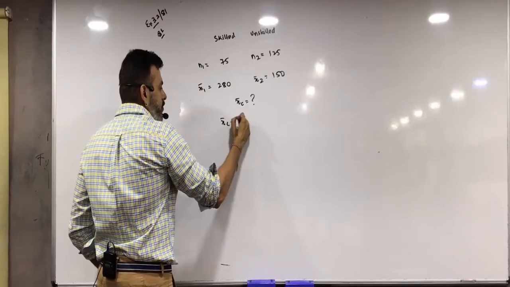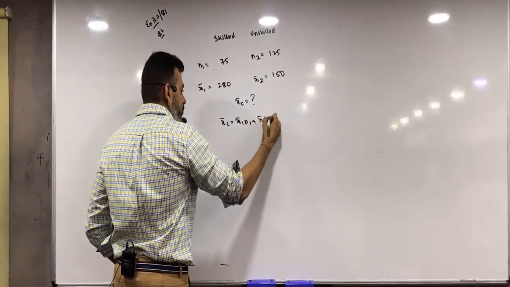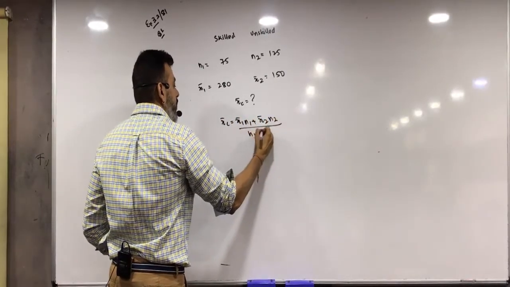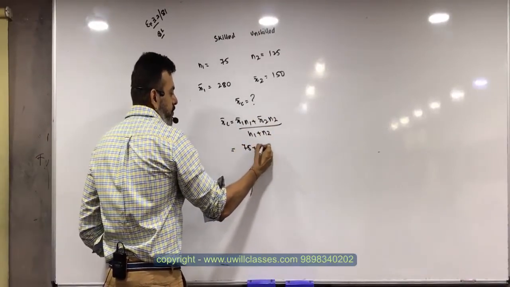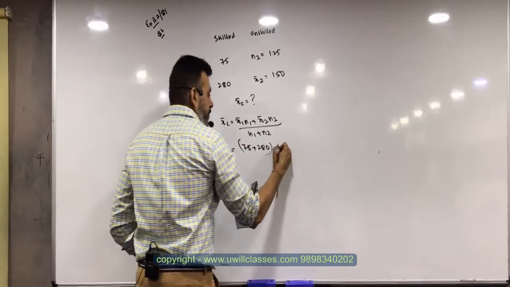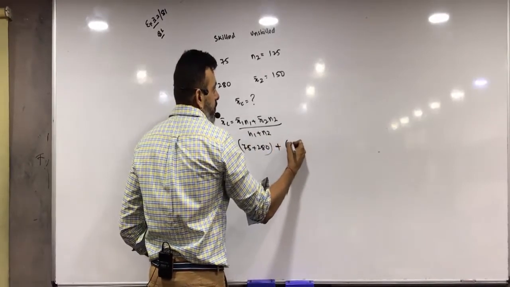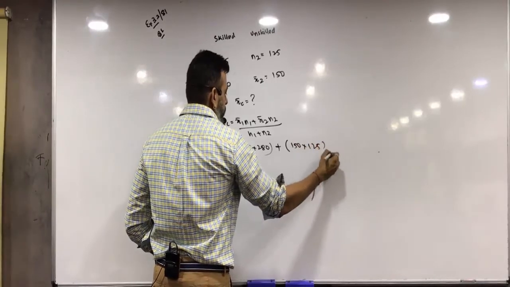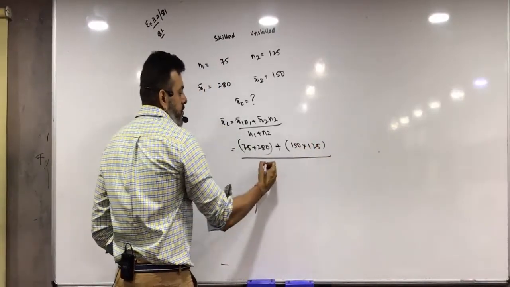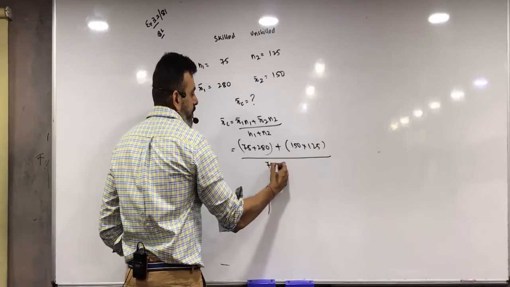X bar C is equal to X bar 1 N1 plus X bar 2 N2 upon N1 plus N2, which is equal to 75 into 280 plus 150 into 125 upon 75 plus 125.